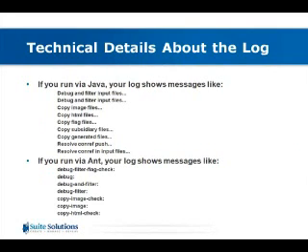So if you run it via Java, you have messages that look like the top half of this slide. If you run via Ant, you have messages that look like the bottom half of this slide. They're basically the same messages. The reason that I'm going on about all of this is that in these messages, you're seeing the different steps in the pipeline.